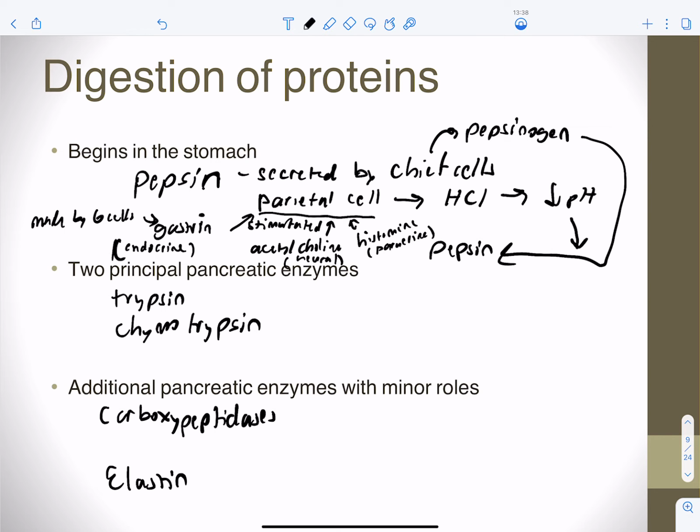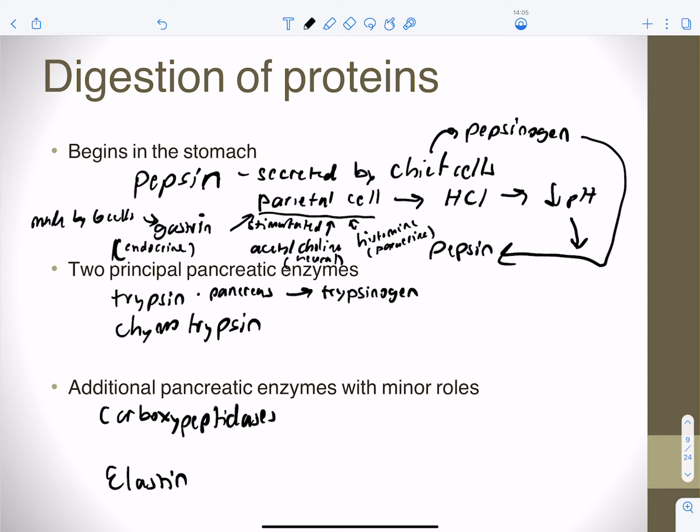Okay, and then we have trypsin. Trypsin is going to be a proteolytic enzyme. It's produced by the pancreas as trypsinogen. Right?